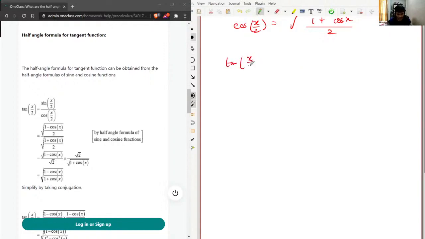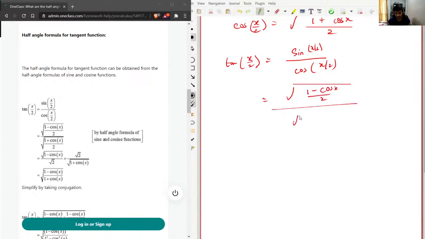Tangent of x over 2 is sine of x over 2 over cosine of x over 2, and we have already calculated sine of x over 2 will be the square root of 1 minus cosine x over 2, over cosine x over 2, which was the square root of 1 plus cosine x over 2.